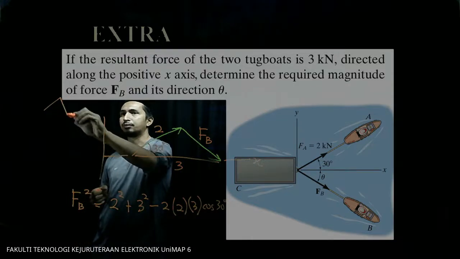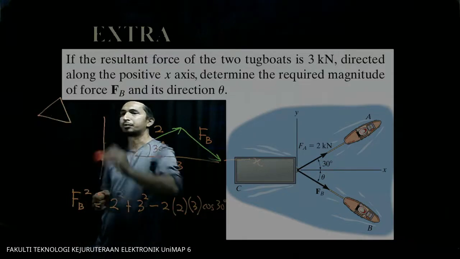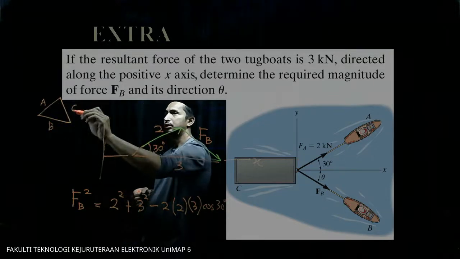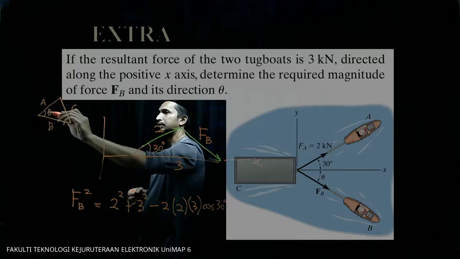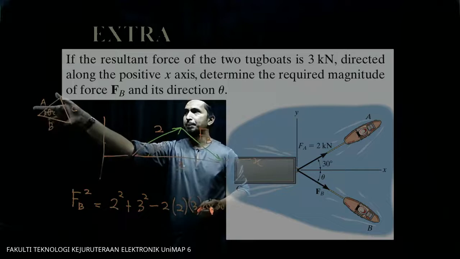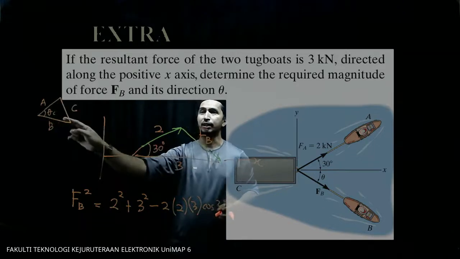If we have this type of triangle, A, B, C, this is theta C, opposite of side C. Opposite of side A is theta A over here.